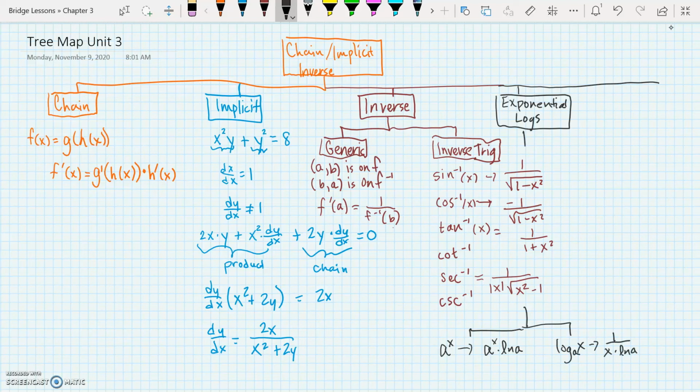And we derived those, and you can certainly derive them every time, but those are probably worth memorizing, depending on how you learn, of course.